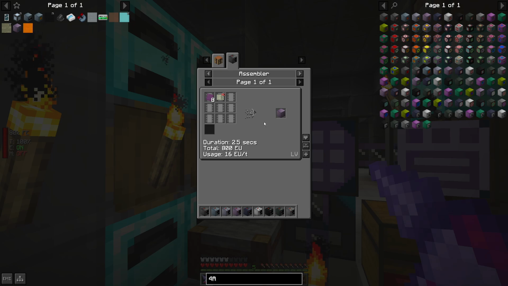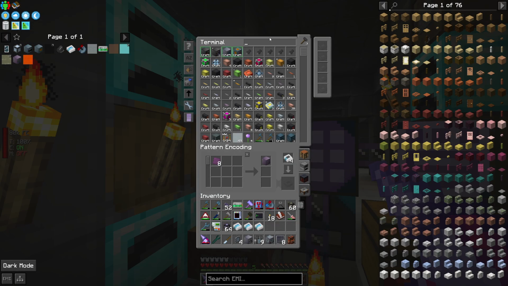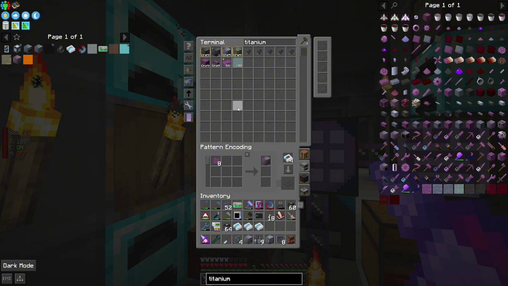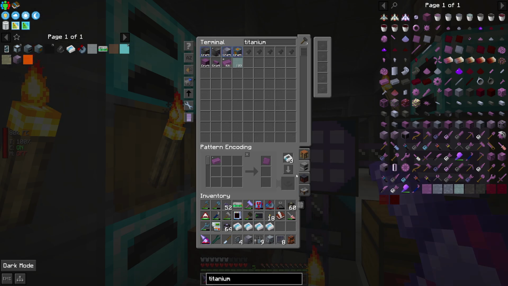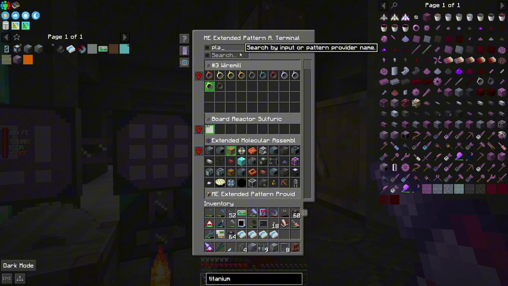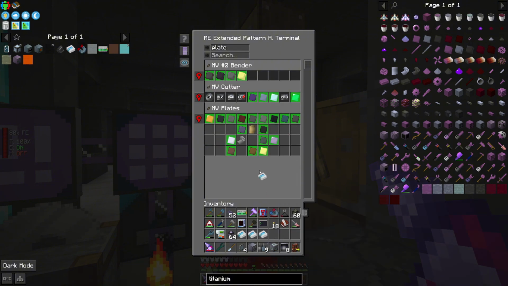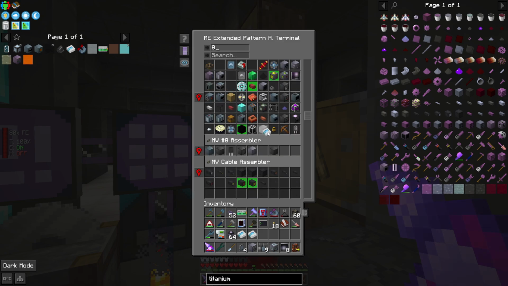EV machine casing, same thing as before. 8 plates. Now, I don't know if we have titanium plates. Nope, we don't. So let's get that fixed. Oh, I hate how sometimes that works like that. I hit a button and it does something I don't want to do. Okay. 8. There.